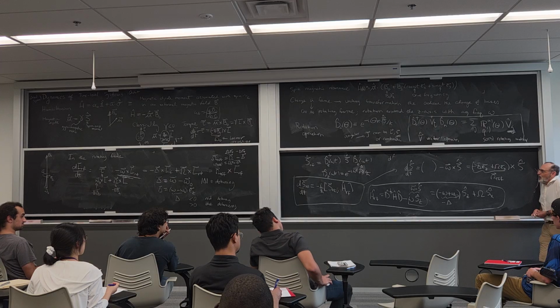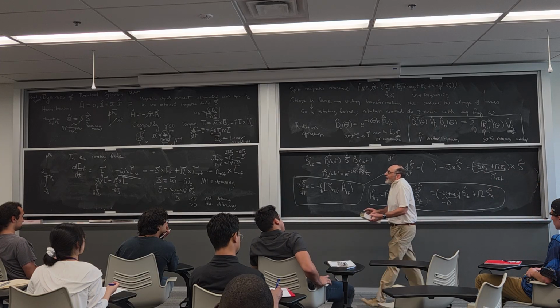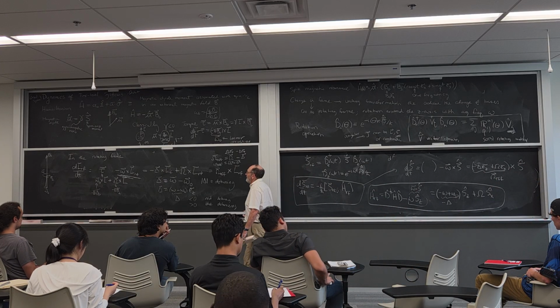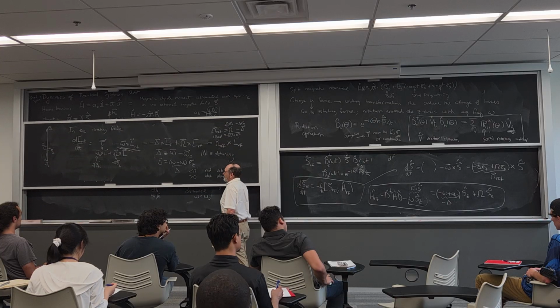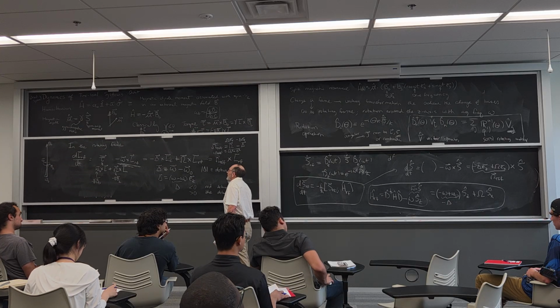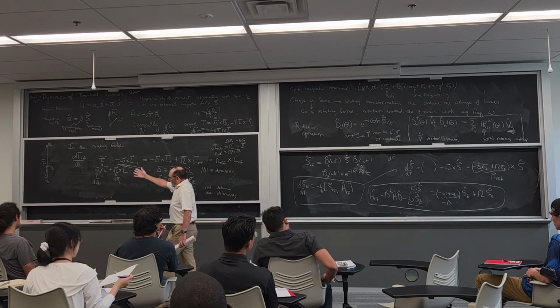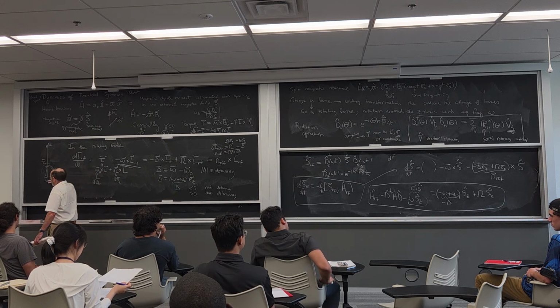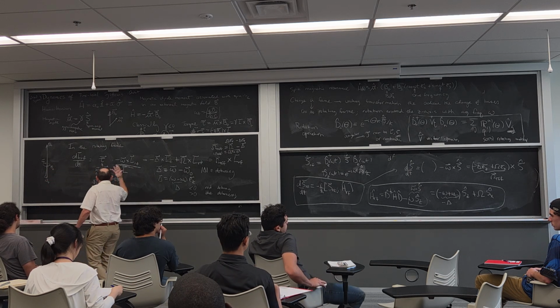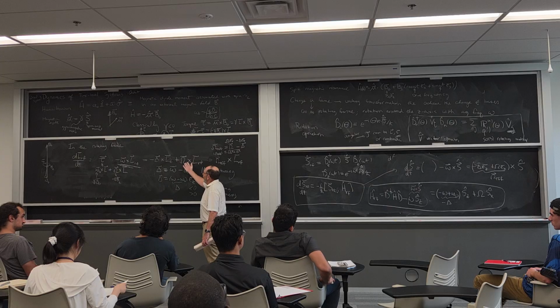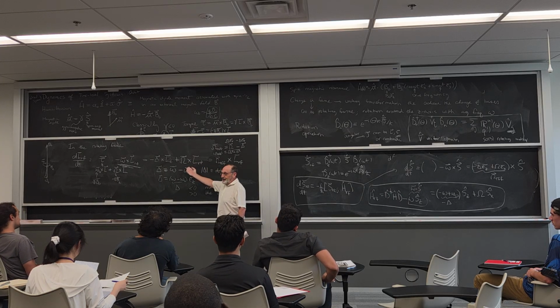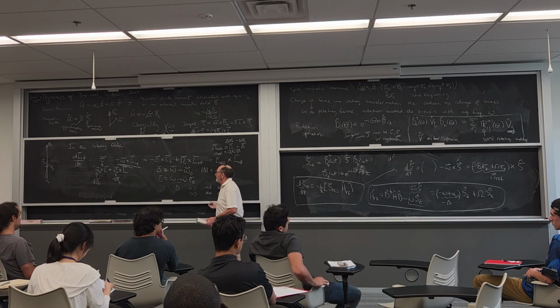So, what we have learned is that the Heisenberg equation of motion for the spin vector, given this resonance picture, is exactly the same as the classical equation of motion.